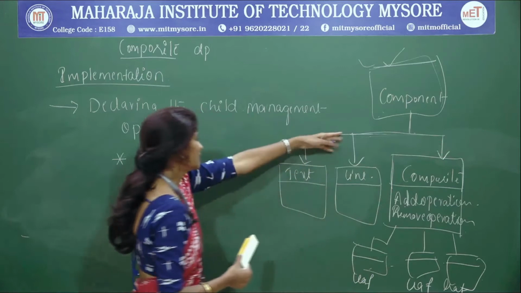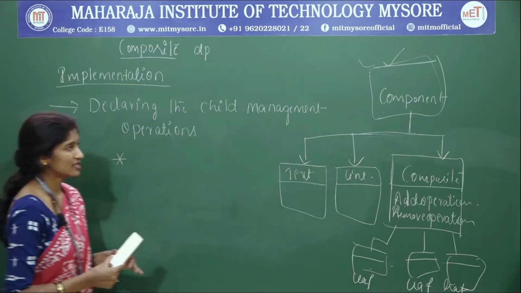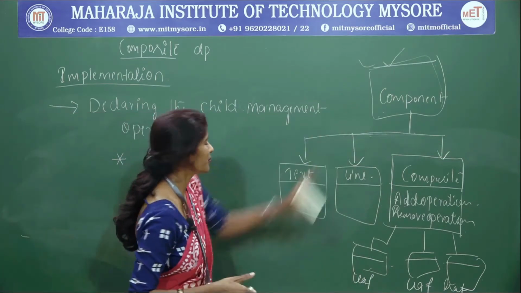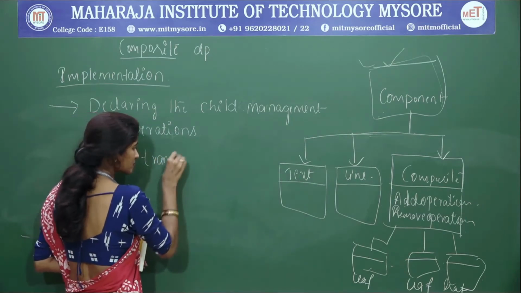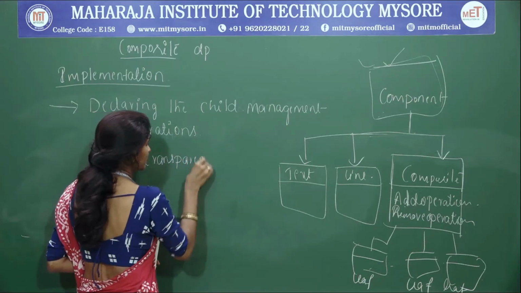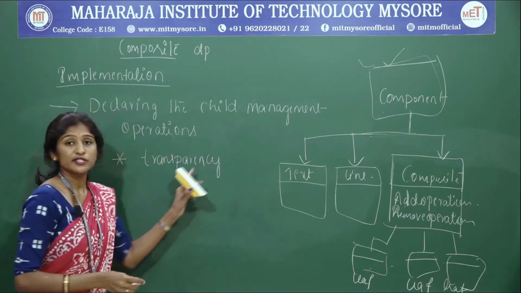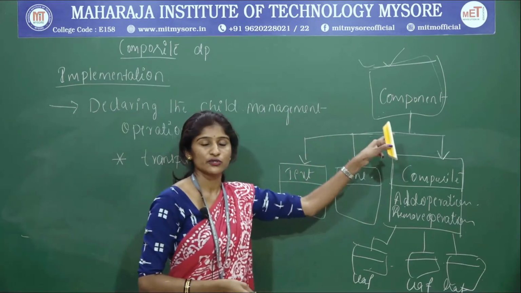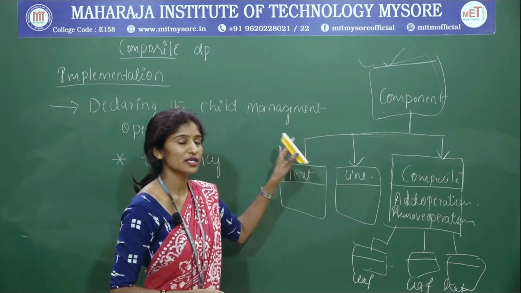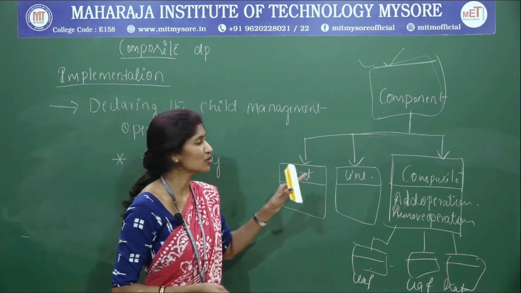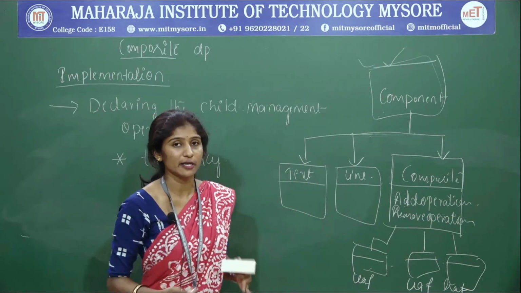So in the first case, if you assign the operations to the component itself, you can actually have transparency for the clients, the users. Those who are going to use this pattern, or the programmers, will have transparency, so they can easily see the things that are taking place.